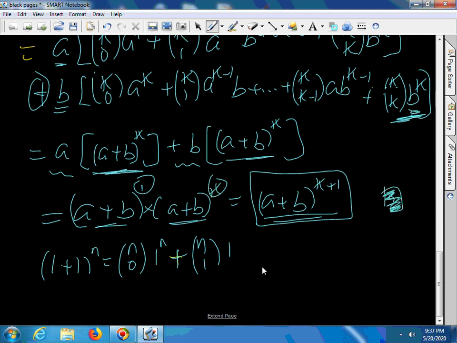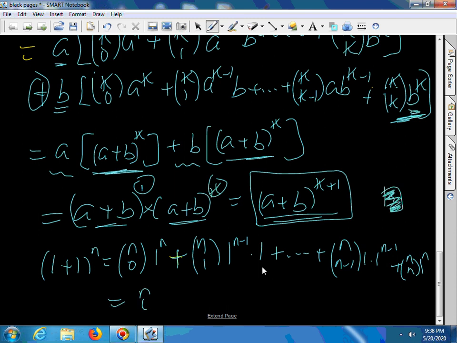N choose 1, 1 to the n minus 1 times 1, all the way down to n choose n minus 1, 1 times 1 to the n minus 1, plus n choose n, and you get 1 to the n.